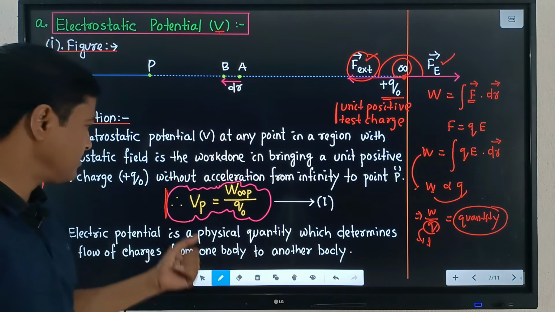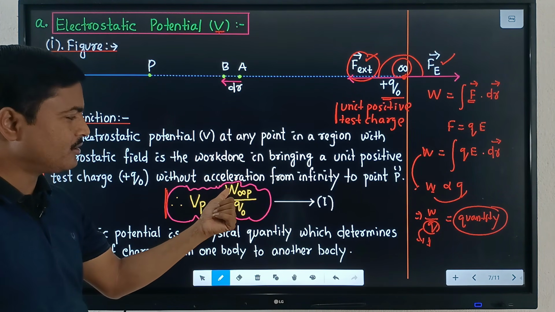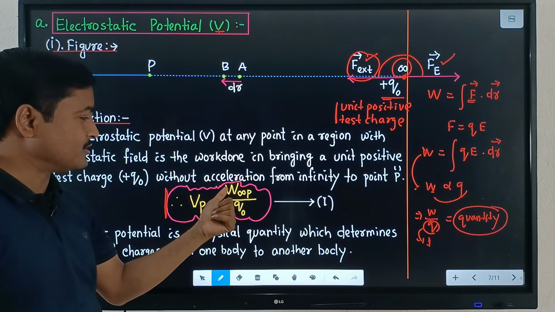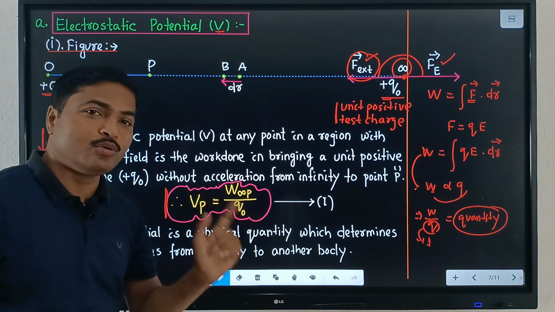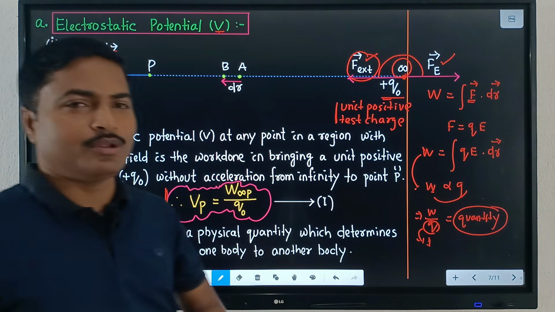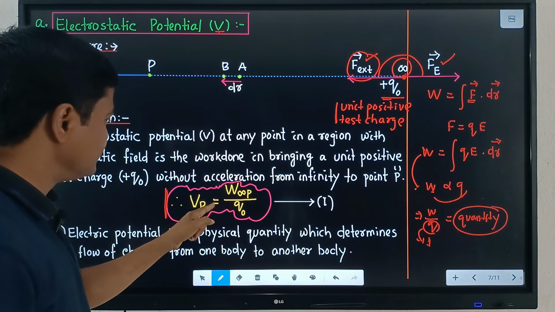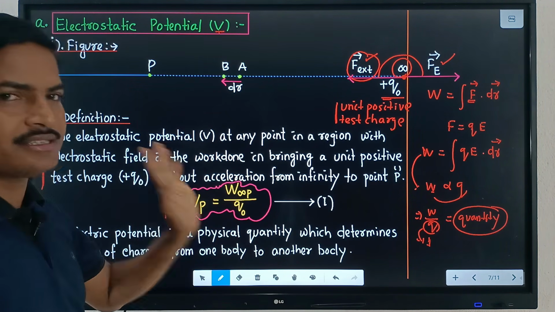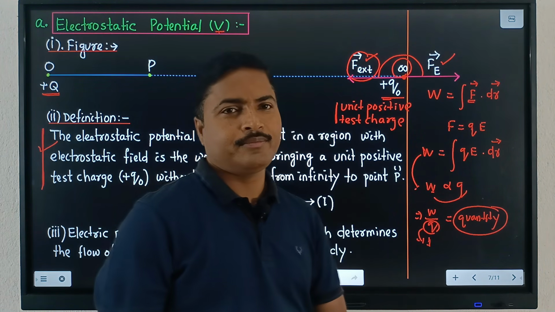So we write the electric potential at point P is equal to the work done when the unit positive test charge moves from infinity up to point P, divided by the unit positive test charge. That we simply write: electric potential is equal to work by test charge, not source charge.